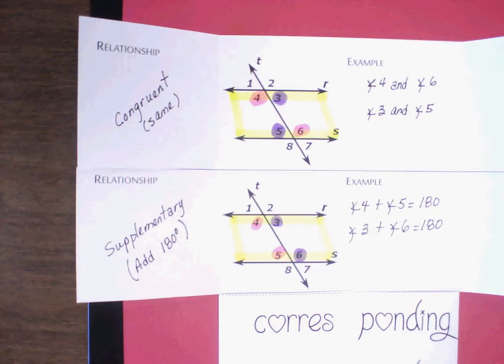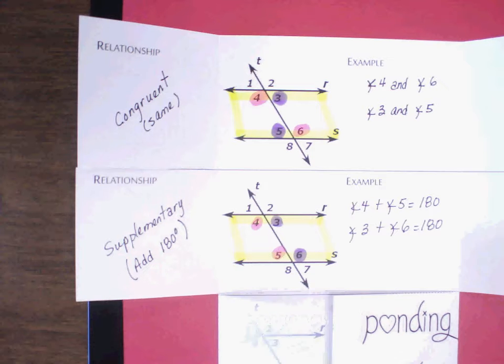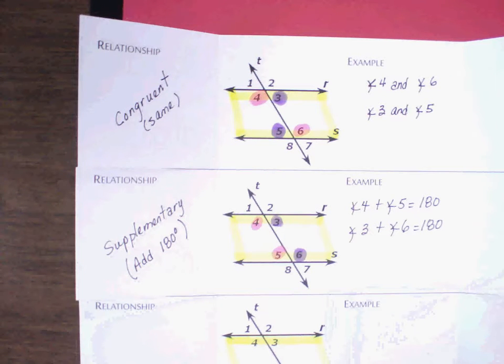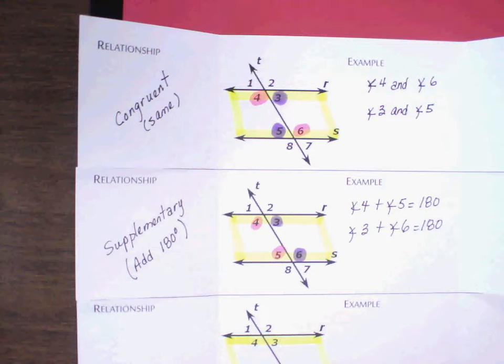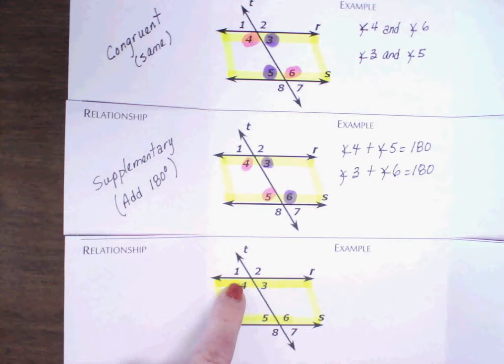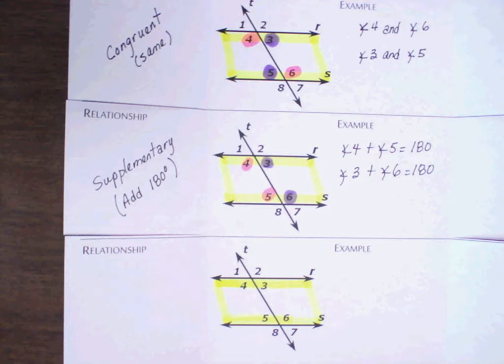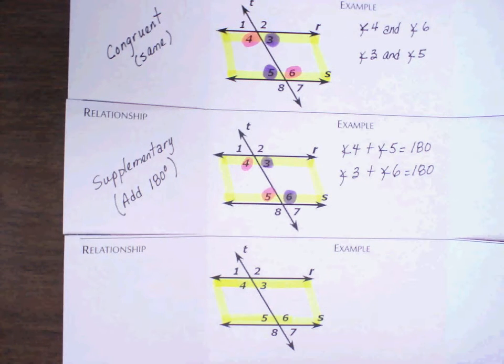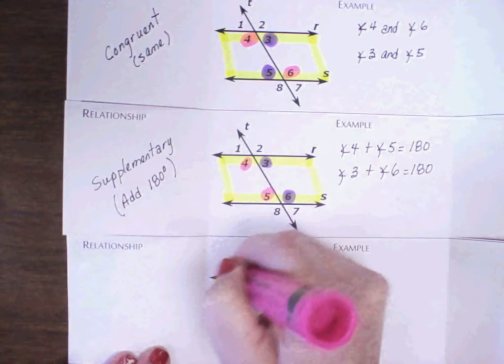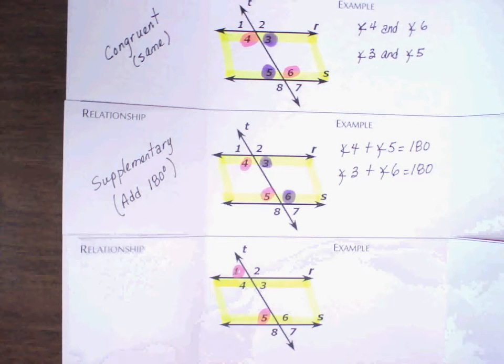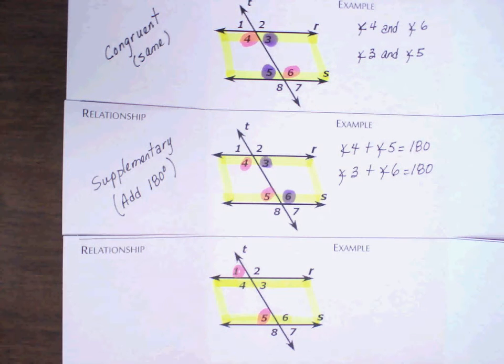Corresponding. Corresponding have to be on the same side, but one in and one out. Those are together, right? One in and one out. So let's do this. 1 and 5. They're not consecutive.